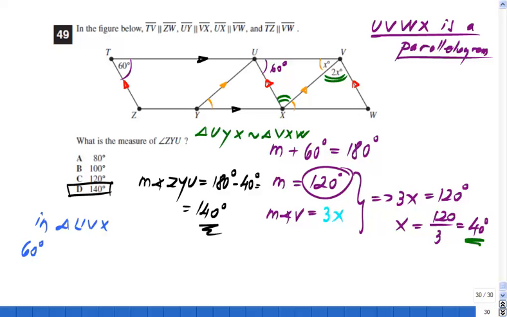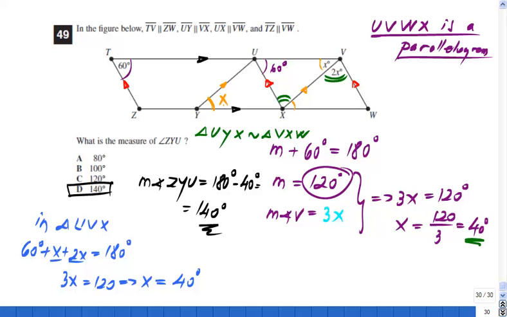This the purple angle, 60 plus x plus 2x gives me 180, right? If you take 60 away from both sides and combine x plus 2x, you have 3x equals 120, which gives you x equal 40 degrees.